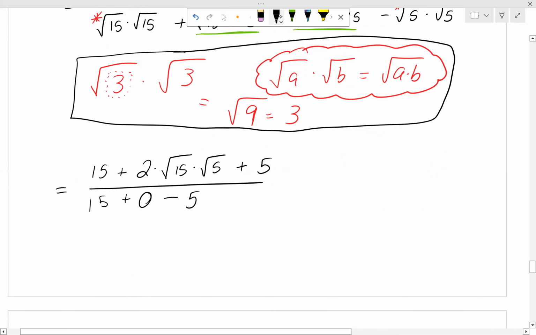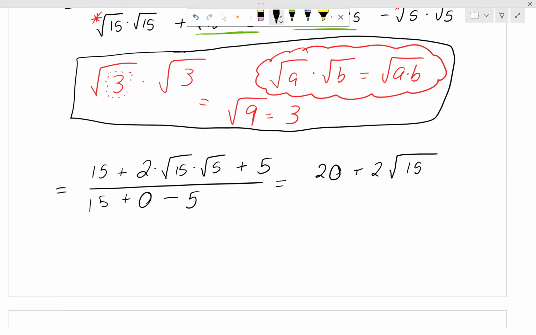All right. So from here, I can combine like terms, this 15 and this 5, and I'm going to get 20 plus 2 on the square root of 15 times the square root of 5 over 10. 15 minus 5 is 10.